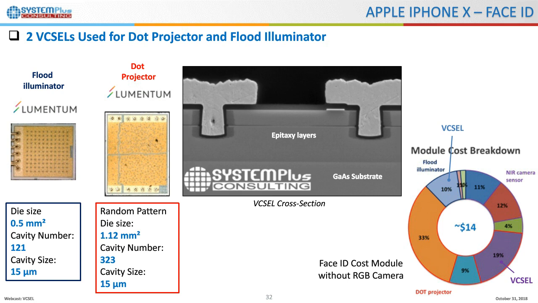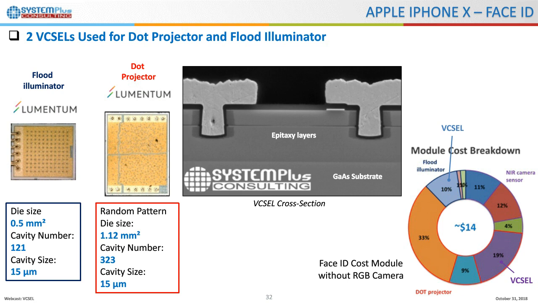in terms of manufacturing cost. So we made some cost calculations of the TrueDepth module. Here you have a cost breakdown of the module, without the RGB camera. We can see that the cost has been estimated to be around $14.